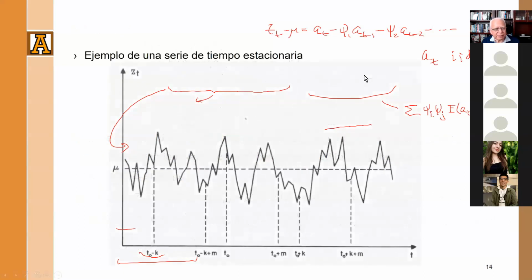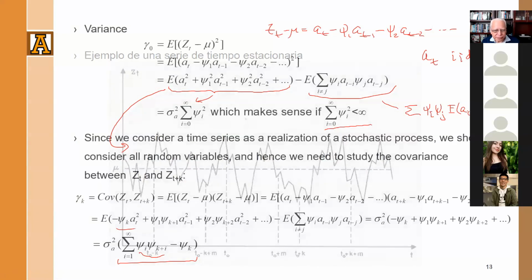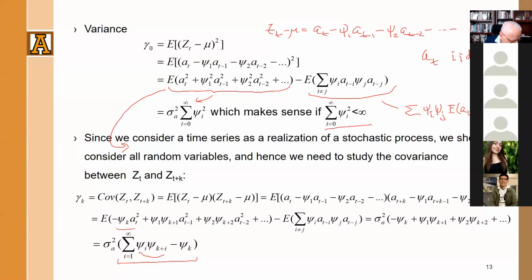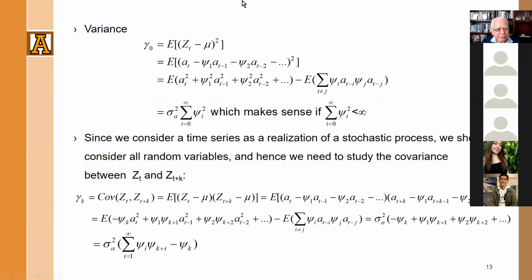Let's see, I guess I'll just look at this example here. So there are two important characteristics that you should note here before we break and end the class. In this case, where we assume that the sum of the psi weights converges, the mean is constant, it does not depend on time.